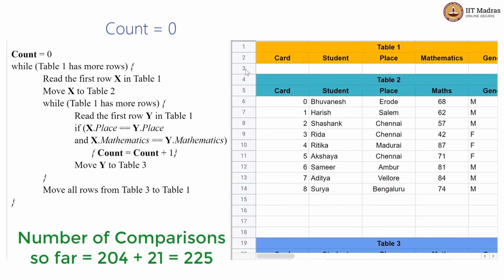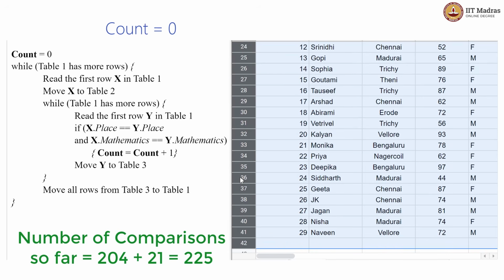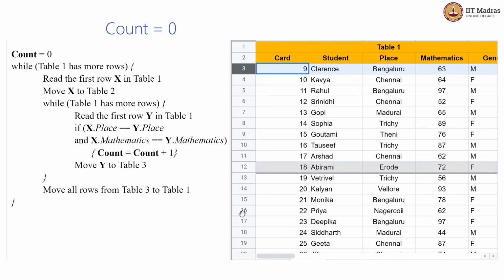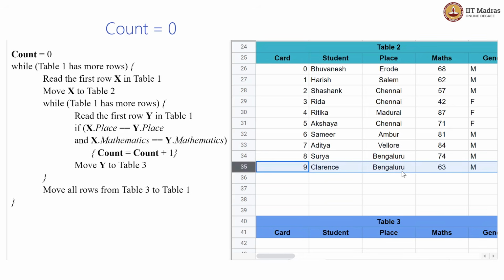No more rows in table 1. So we move table 3 rows back to table 1. Now this is our row X, which is being carried to table 2. This is Bengaluru 63.